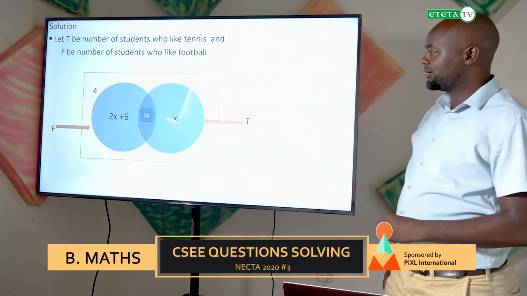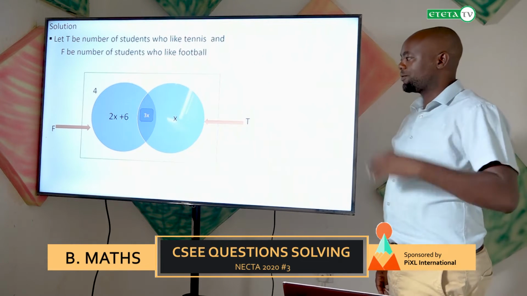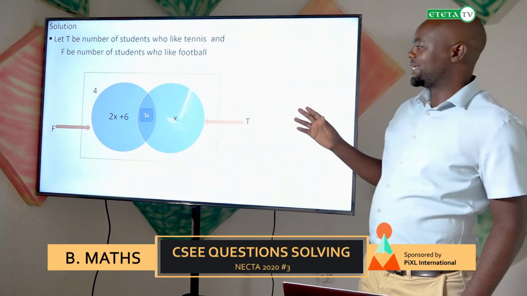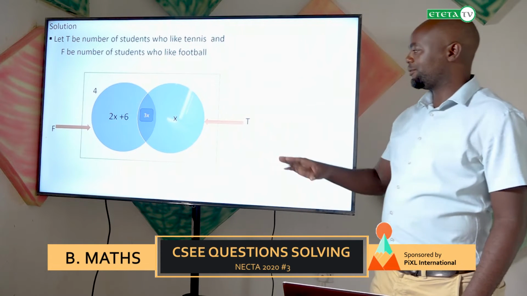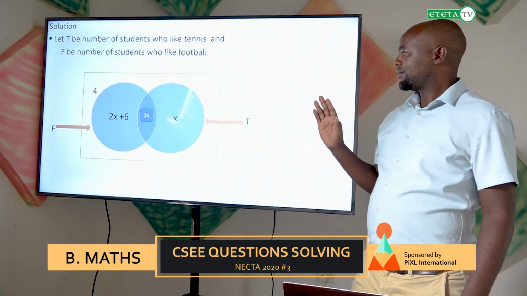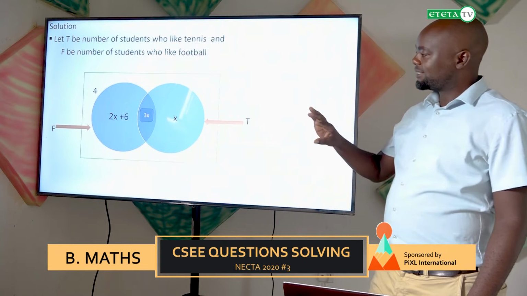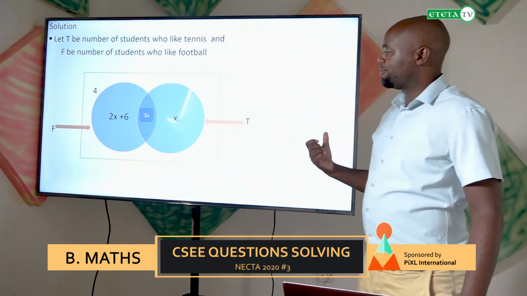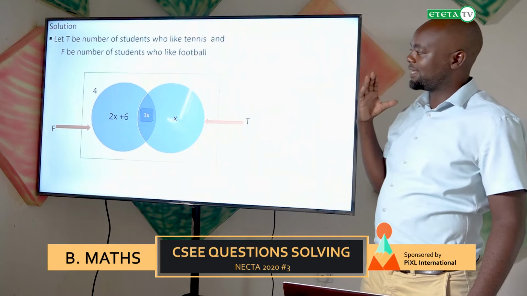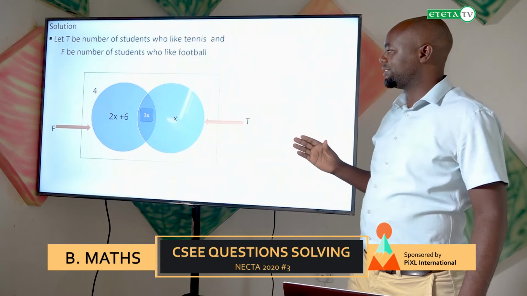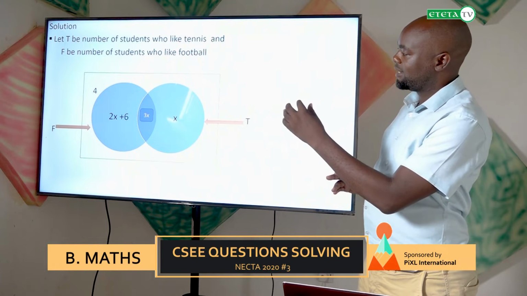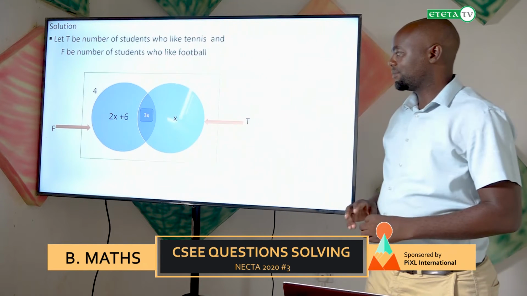From the information given in our question, we have x representing the number of students, and when you look at our circles here, there is x in the circle labeled T, and there is 2x plus 6 in the circle labeled F.